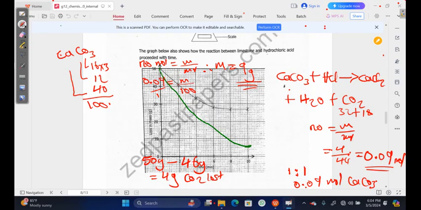It completed much faster because of the solid particles. The solid particles were not completely used up. So now that they're in powdered form, we expect something like this. So that would be the sketch which would be expected if we used powdered calcium carbonate instead of the raw calcium carbonate, which is a chalk. A chalk is a solid.